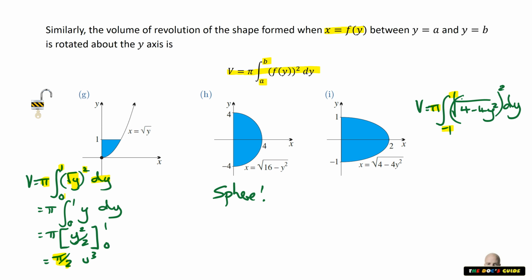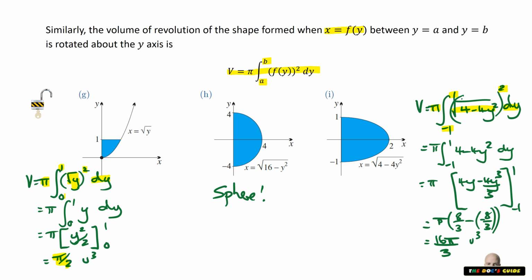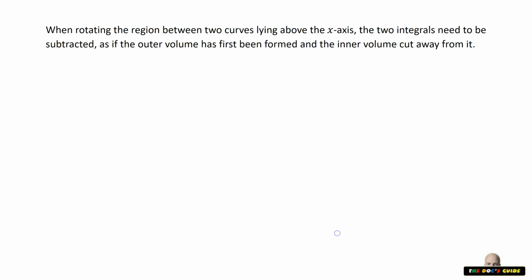We could have probably also done twice 0 to 1 of our curve squared dy, the axis we're rotating it around. And when we go ahead and do that, first of all we square it, then we do our integration, we plug in our limits, and being careful, especially with negatives, we get 16 pi on 3 cubic units.